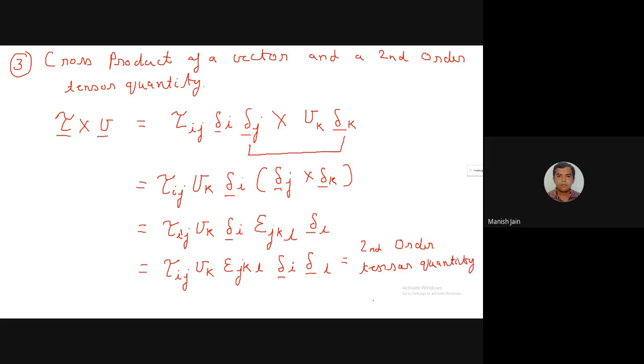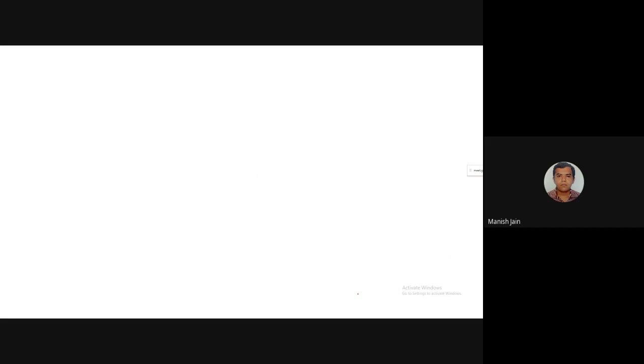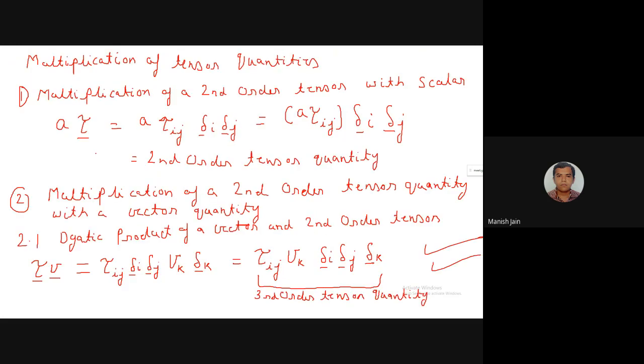So you may find this type of quantities in the real world because second order tensor quantities are possible in the real world. Now we will see the mathematical operation between two second order tensors, the multiplication operation between two second order tensors. So these are the examples of multiplication of a tensor and a vector quantity.